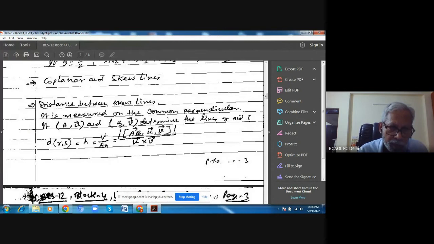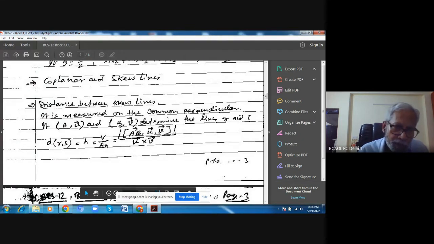We have capital P, that is the vector AB dot U vector cross V vector, divided by the magnitude of U vector cross V vector. So there is some sort of formula here.